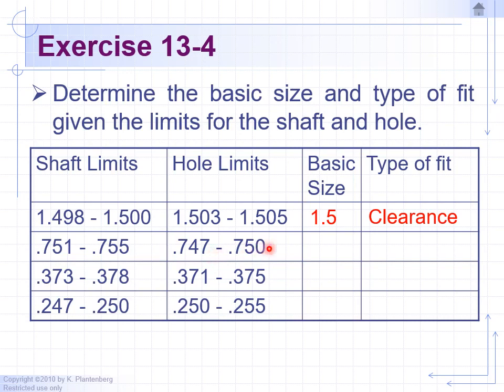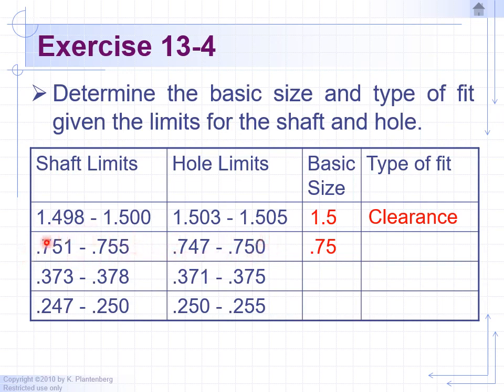Let's take a look at the next one. Okay, so in this case, if we were to round off, we would have a basic size of 0.75, 3/4 diameter. Okay, so in this case, if we take a look at the shaft, the hole is always smaller no matter what.